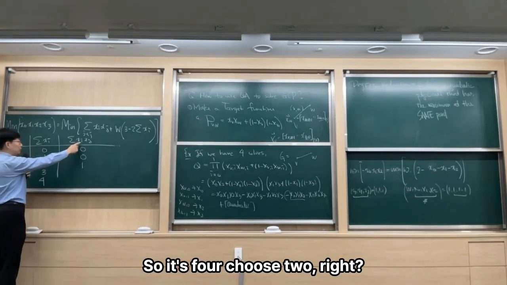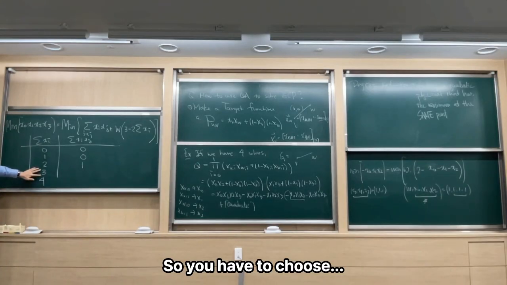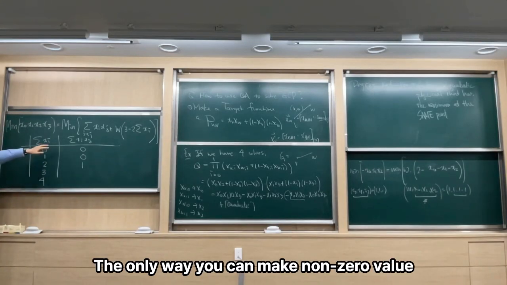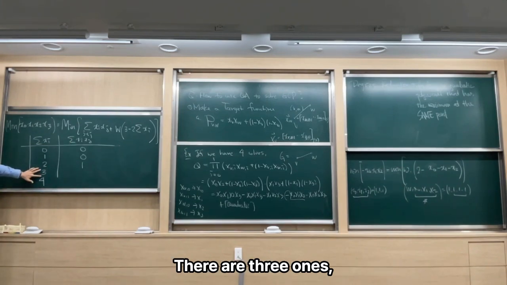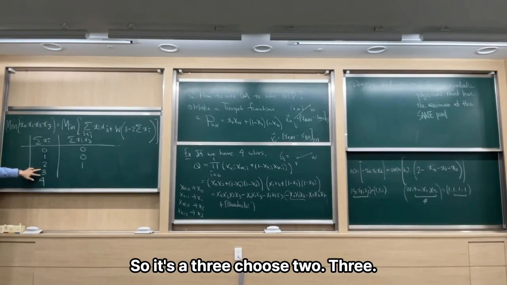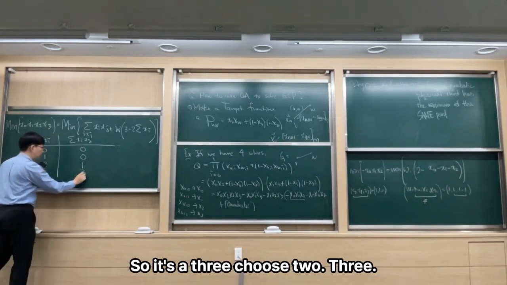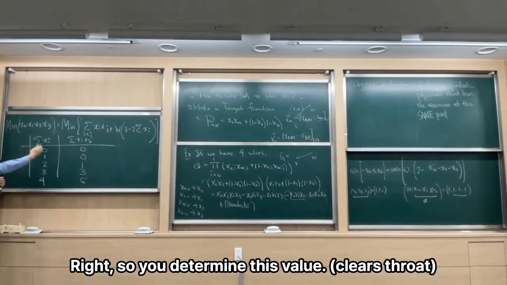It's 4 choose 2, right? The only way you can make a non-zero value in this sum is to choose a pair of 1s. There are 3 1s, so you have to choose 2 among 3. So it's 3 choose 2, which is 3, okay? So how about this? What's the value? 4 choose 2, so 6, right? So you determine this value.